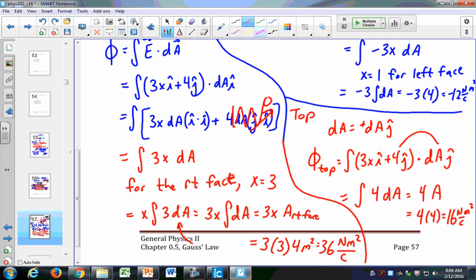Electric field times area. Then if we want to know the total flux, I just add up those three values: this plus this plus this. That's 36 plus 4, which is 40. The total flux is 40 Newton meter squared per Coulomb.